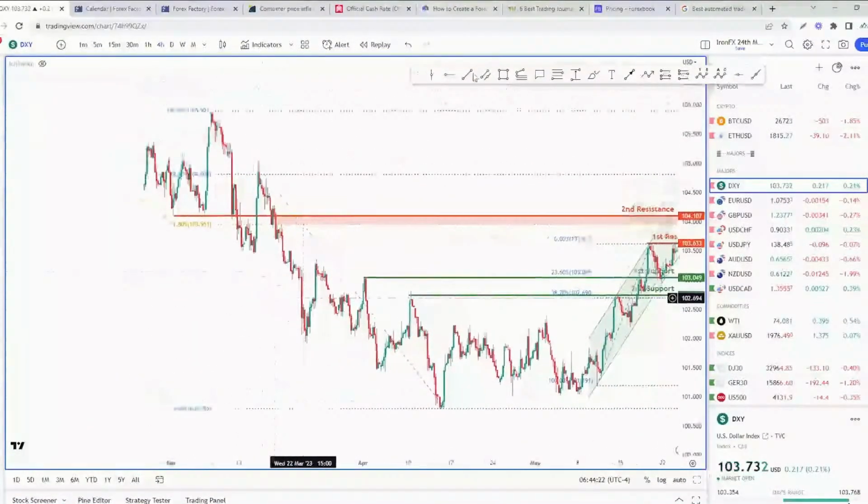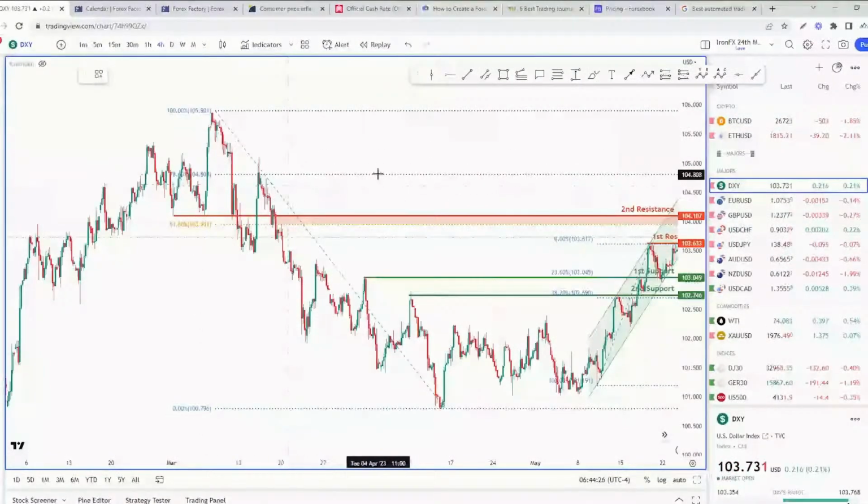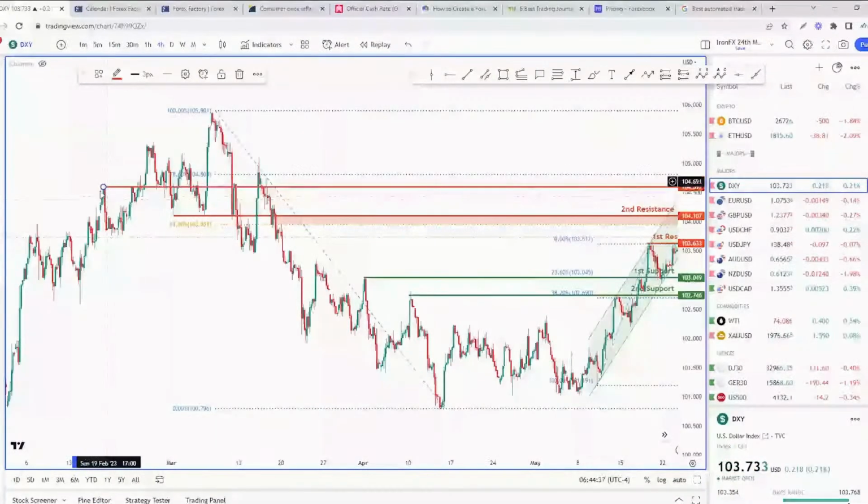So the only other level that I would say we could potentially use as the next resistance, although this is not a very good level, because you can see here price has rejected off this level at 104.60 here on 17th of Feb.